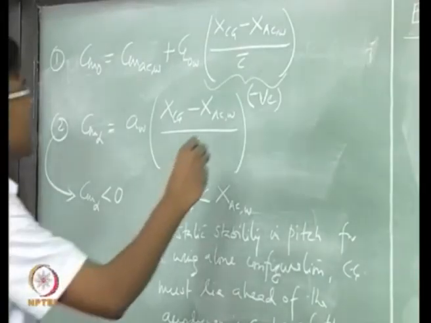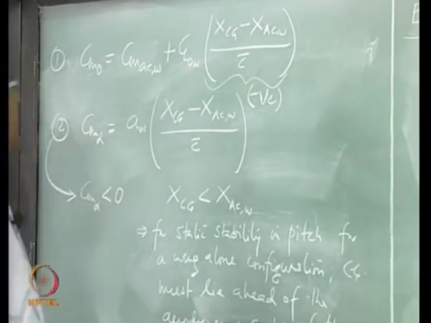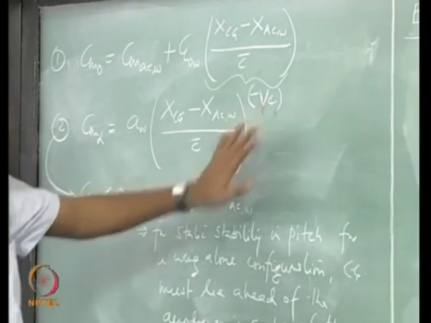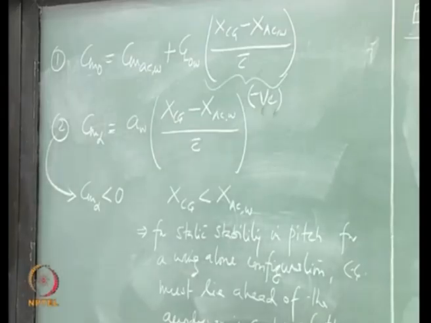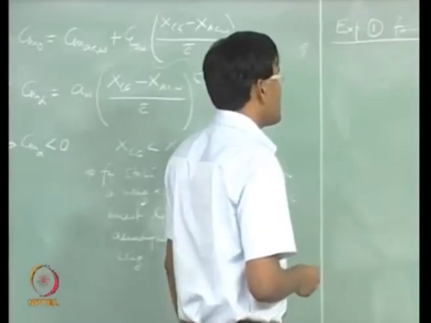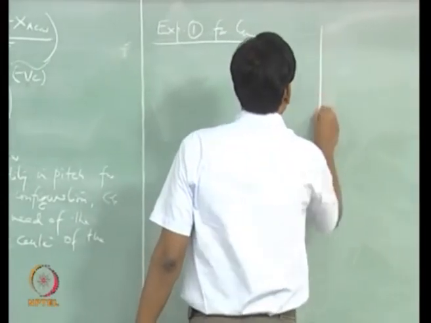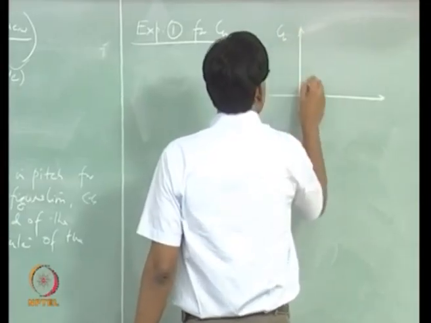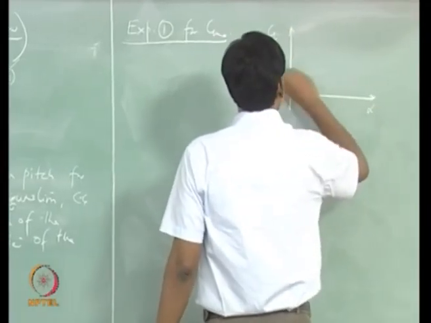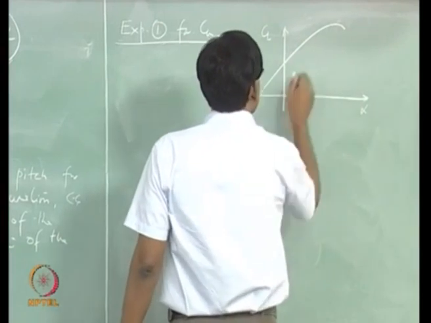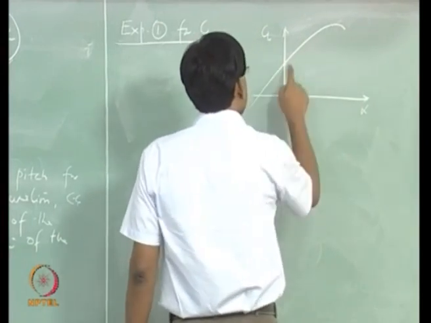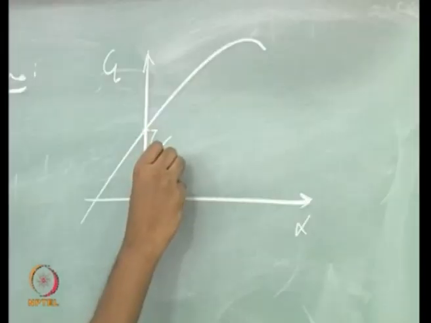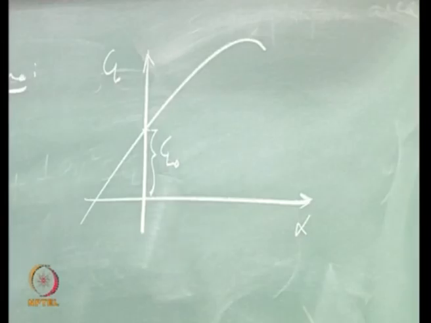So, let us look at now what is happening here. So, this term is negative. Now, if I have a positively cambered wing, then a positively cambered wing will result in CL naught which is positive.